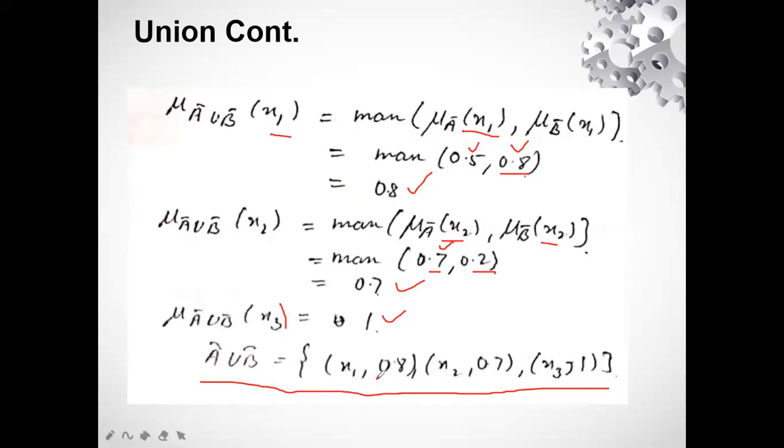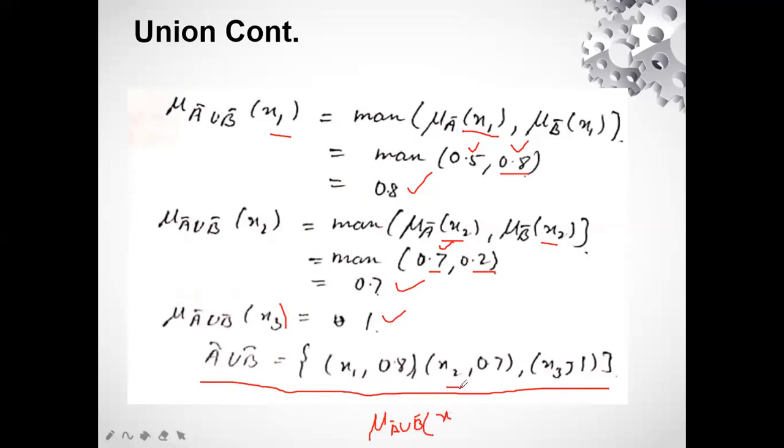Again, if somebody asks what is the membership function of the x2 element of the fuzzy set a bar union b bar, how am I going to write it? Mu a bar union b bar, in brackets. Which element is it talking about?